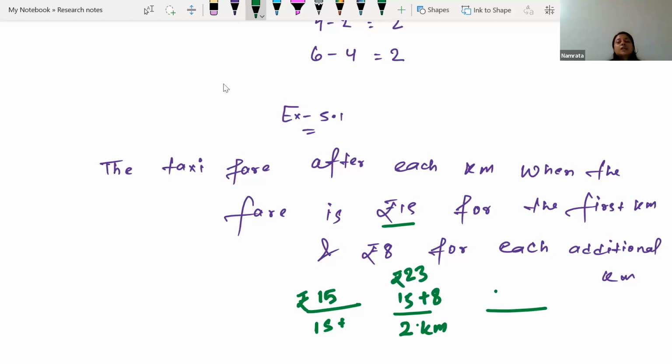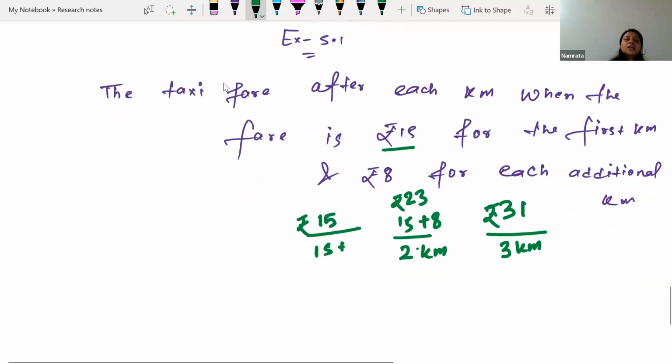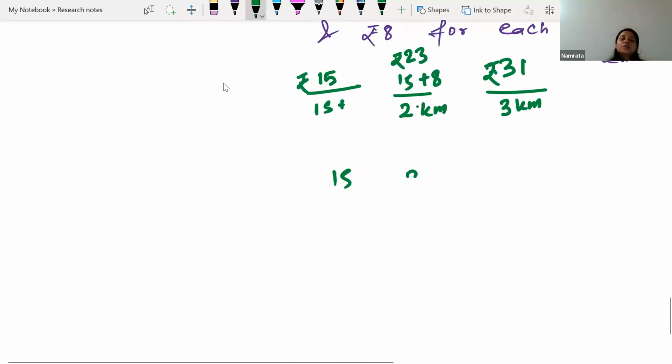Now again for the next kilometer, that is for 3 kilometers, the fare will be 23 plus 8, right? That is 31 rupees. So we are getting the pattern like this: rupees 15, then 23, then 31, and each time we are adding the same number, that is 8. So no need to analyze here, we can say it's in arithmetic progression, right? Yes or no?